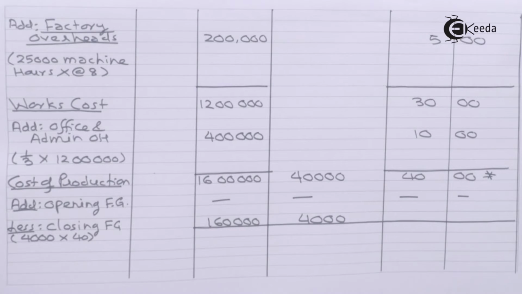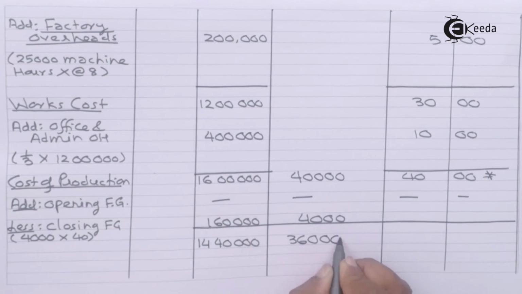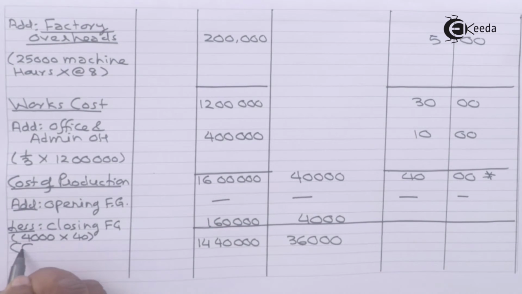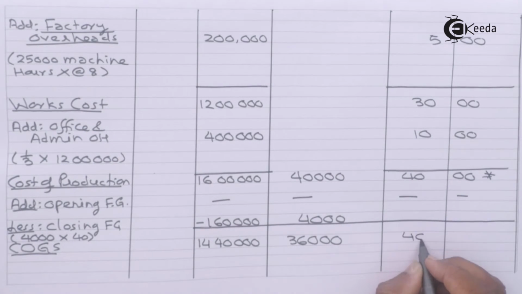It will be deducted from this 16 lakhs. So we got cost of goods sold 14,40,000, units sold 36,000. Per unit it will be same 40 rupees.